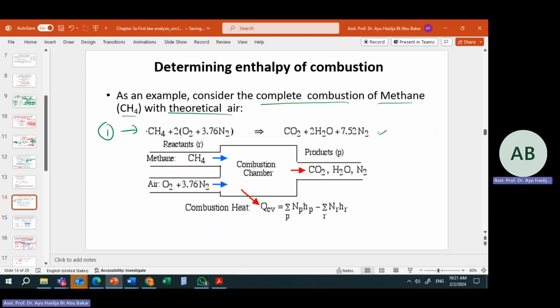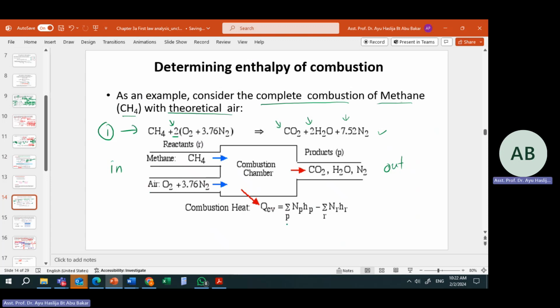Okay, why we need to generate the combustion equation? Because we want to know how many moles of the component. Okay, how many moles of CO2 produced, H2O and N2. Okay. Now looking to the process, this is the reactant, the in, okay, in, out.